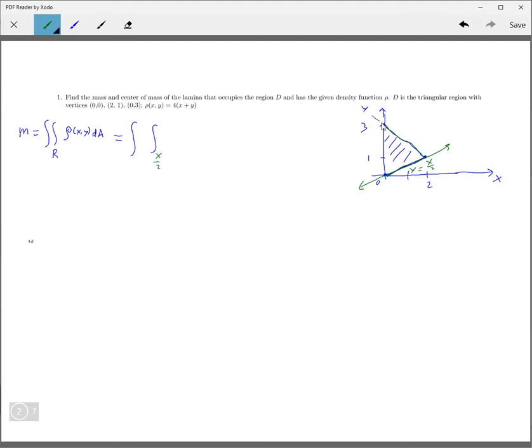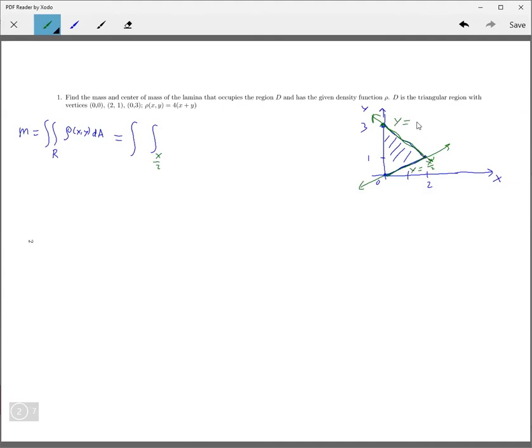Okay, and then if we extended this line right here, what would that be? From here to here, it goes down by 2 and across by 2.